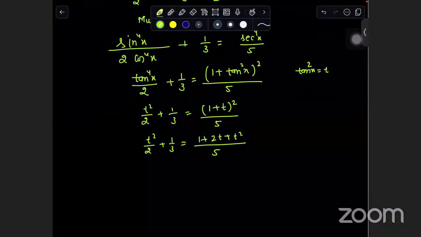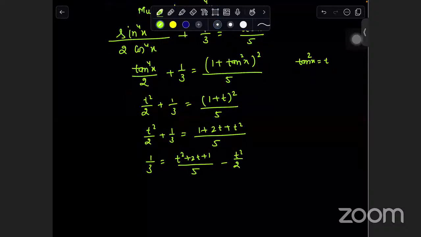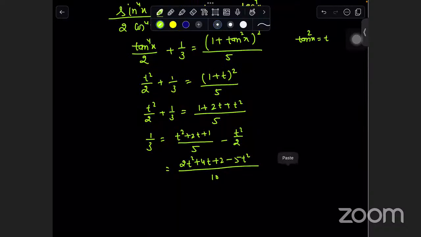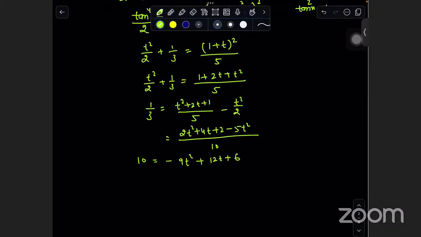Now take it to the right side. So 1 by 3 is t square plus 2t plus 1 upon 5 minus t square upon 2. Take LCM 10. So it will be 2t square plus 4t plus 2 minus 5t square, so 10 by 3 equals minus 3t square plus 4t plus 2. If you simplify it, you get 9t square minus 12t plus 4 equals 0.